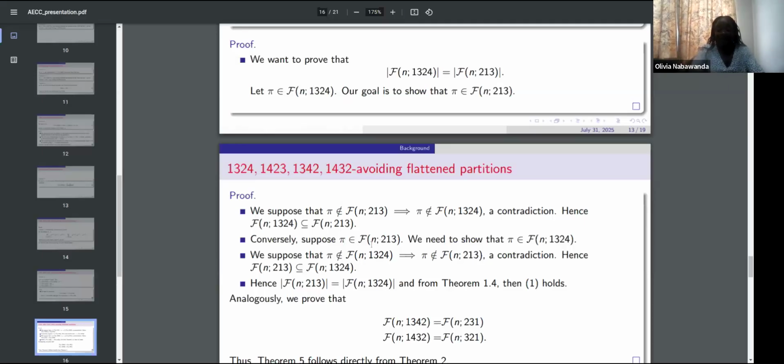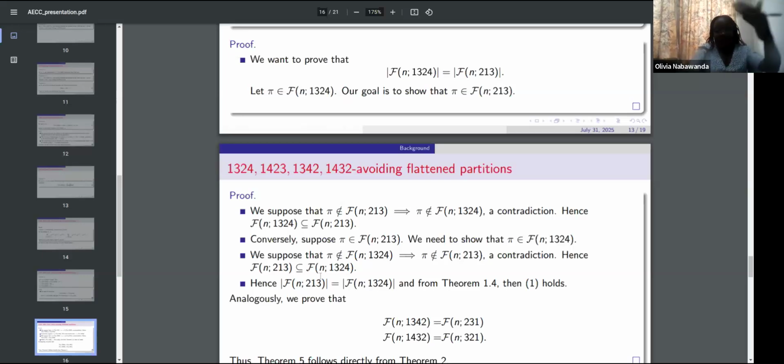And hence, all 213 avoiding flattened partitions must also avoid pattern 1324. From these two statements, we came to the conclusion that these two sets must be the same. They have the same cardinalities.